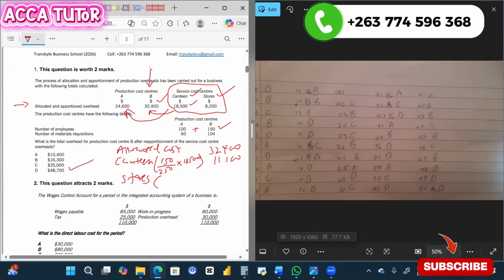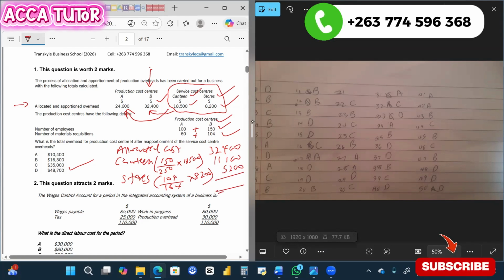Center B raised 104 requisitions, so that becomes our numerator, and the denominator will be the total of 60 plus 104, which is 164, multiplied by the total stores services center costs, that is 8,200. You put some brackets there, and what do you get? 5,200.